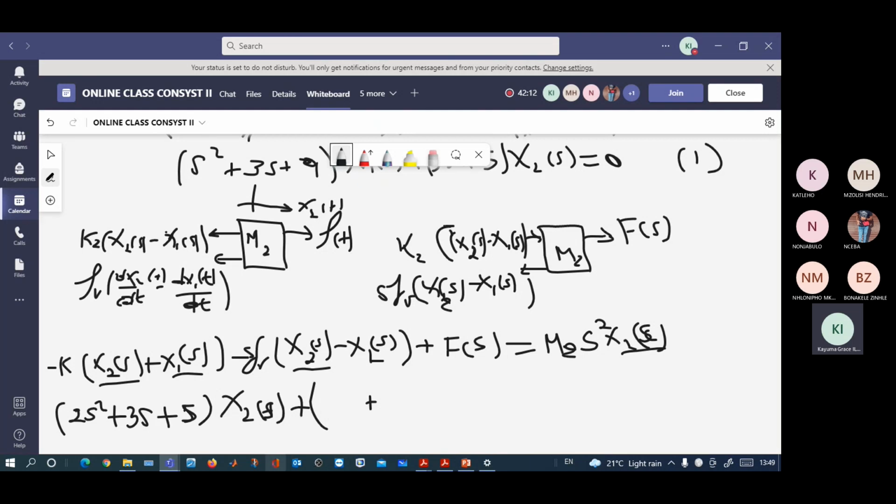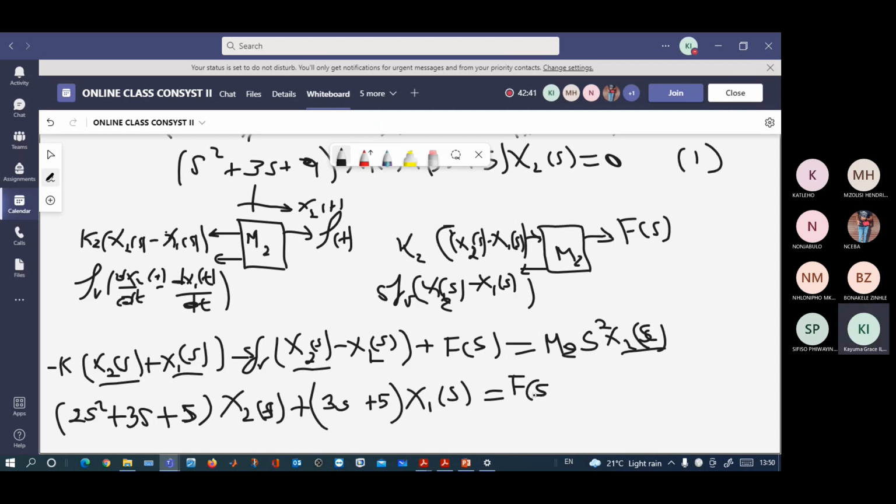So it's going to be 3S plus 5, and we close, we have X1 of S is equal to F of S. Okay, guys, we can call this one equation number 2.